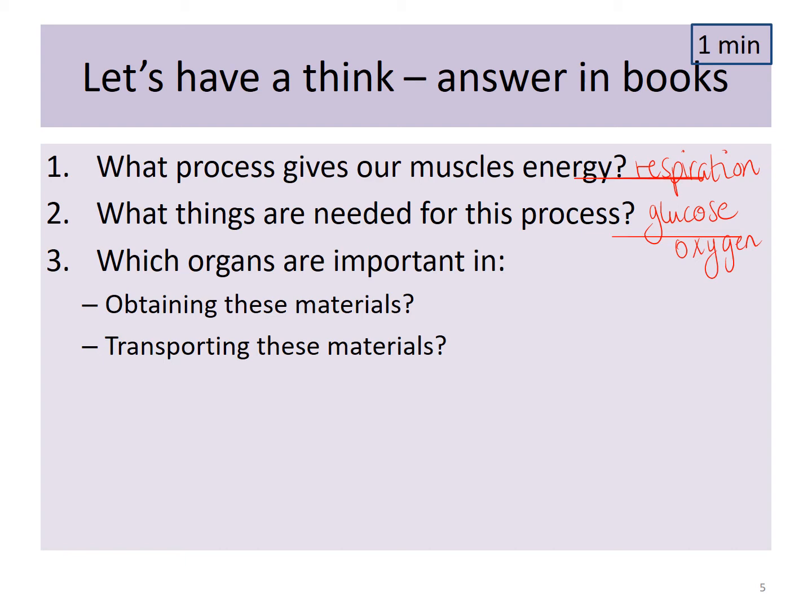Question number 3, which organs are important in obtaining these materials and in transporting these materials? So let's break that down. In obtaining these materials, just for the glucose, we know that the glucose is obtained from the food that we eat, and the organs that are important in obtaining that glucose and processing it and allowing it to be absorbed into the bloodstream is the digestive system.